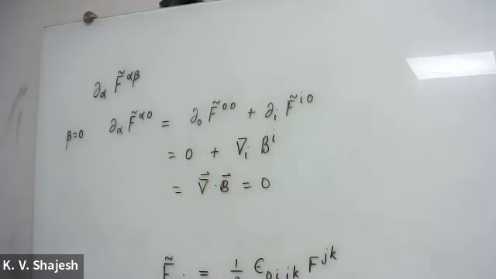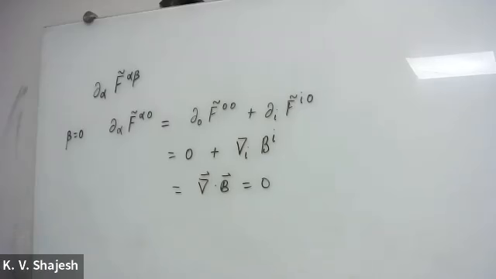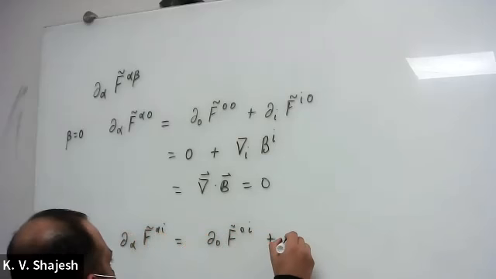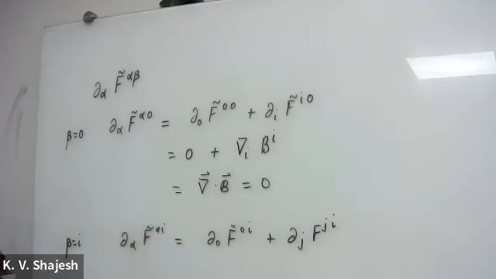What about the space vector? What if beta is equal to i? Then it is D alpha F tilde alpha i, which is equal to D0 F tilde 0i plus Dj F tilde ji.